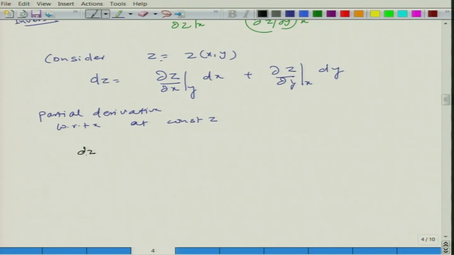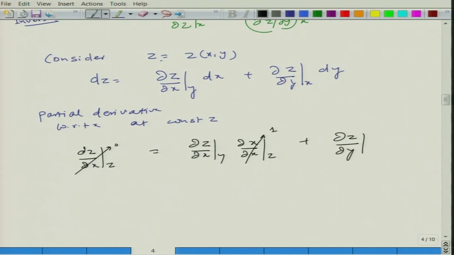We are talking about the partial derivative with respect to x keeping z constant, so essentially the left side is nothing but 0. This should be del z by del x, so this must be 1, plus del z by del y keeping x constant, del y by del x at z. So, you have an expression of 0 equal to del z by del x at y plus del z by del y at x times del y by del x at z.